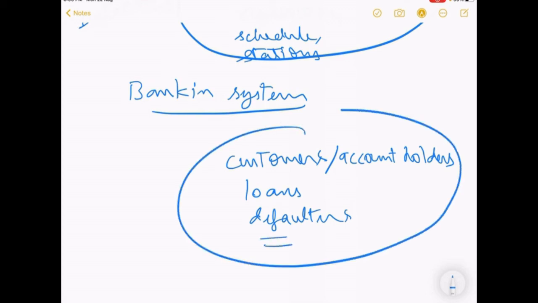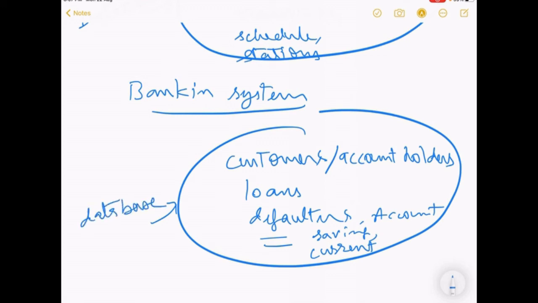All these relate to accounts. Account can be current account, savings account, so all these we call a database.